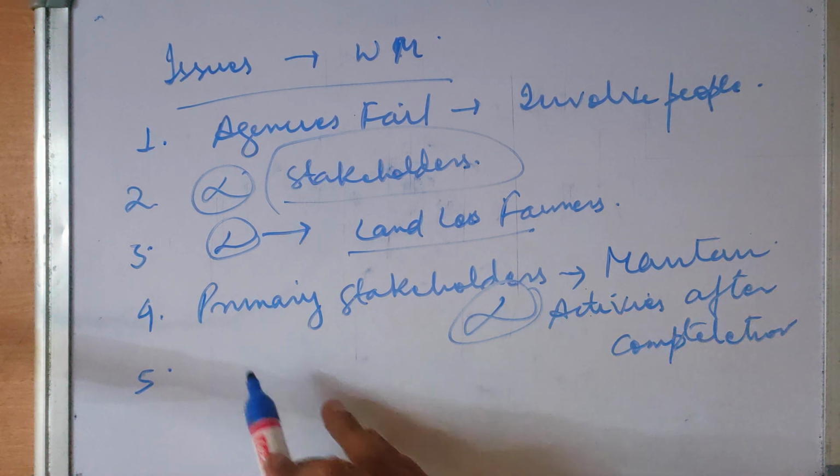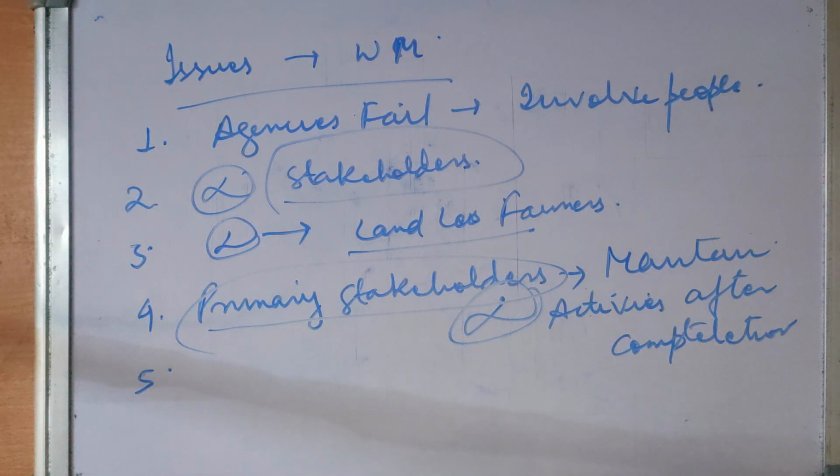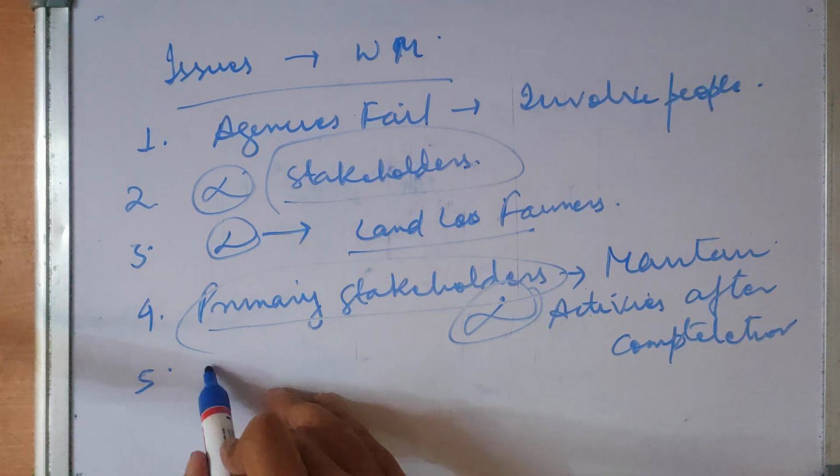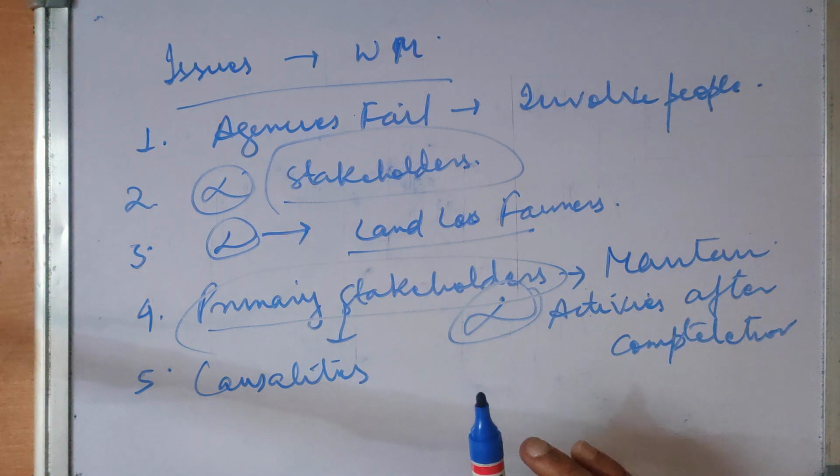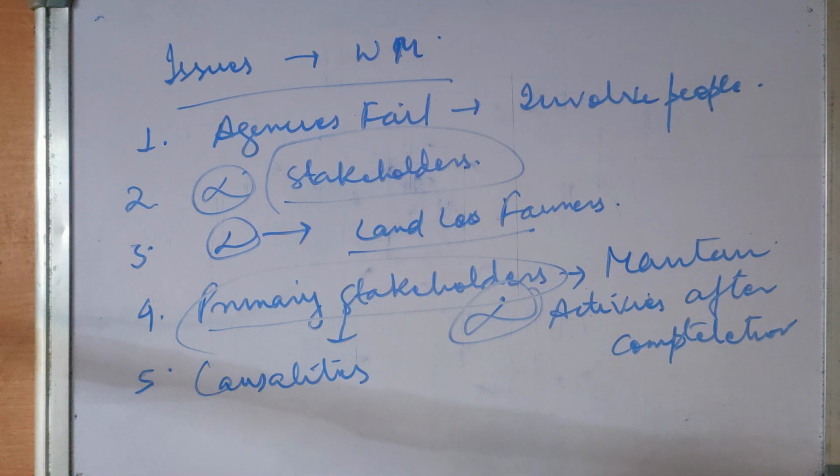So it is just a structure. It is the failure of primary stakeholders. Casualties also take place due to the absence of these primary stakeholders, due to improper planning and everything else.